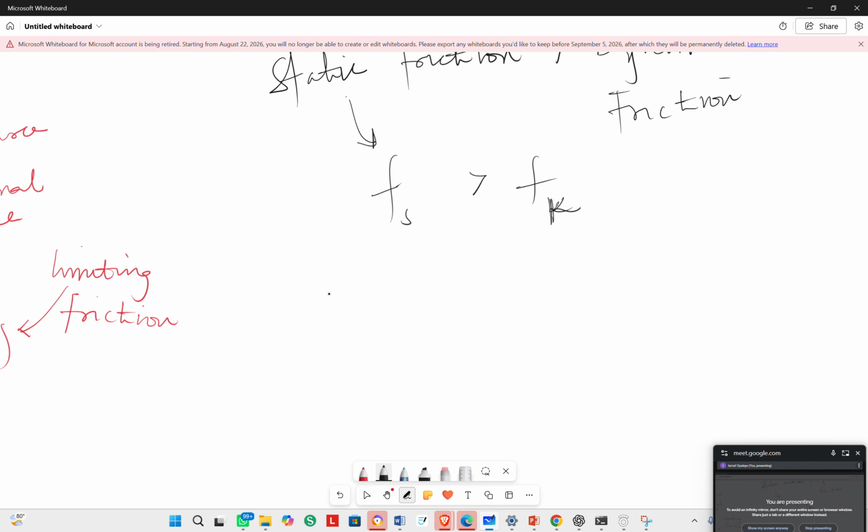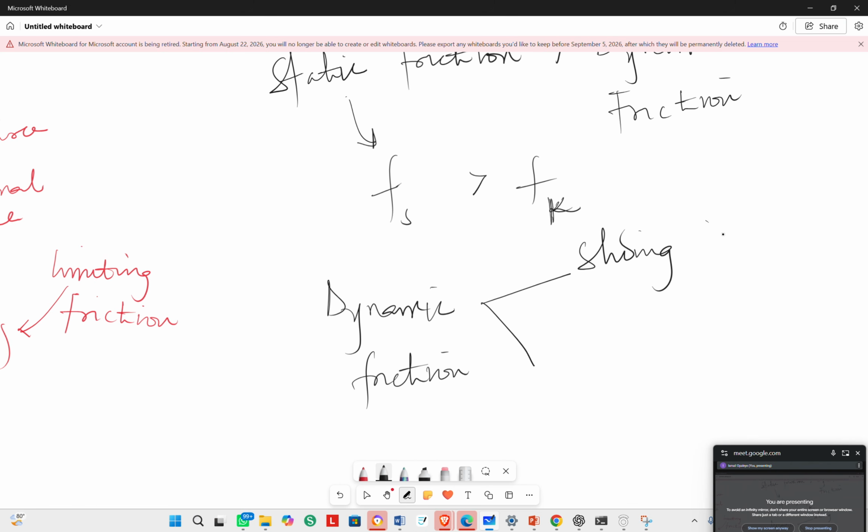And remember that this dynamic friction is divided into sliding friction and then we have rolling friction.